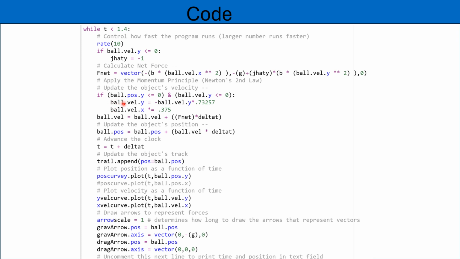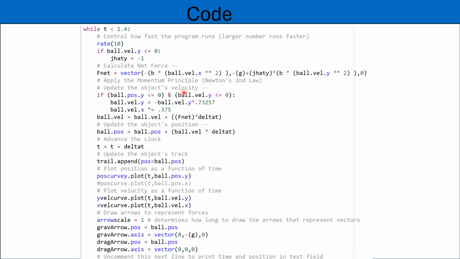Then I created an if statement to see if the position of y becomes less than 0 and the ball velocity is less than or equal to 0. The reason I had to check the velocity is that if the code checks that it's under 0 and flips it to start going up again, but then it ticks again and it's still under, it would flip the velocity again and it would forever follow down.